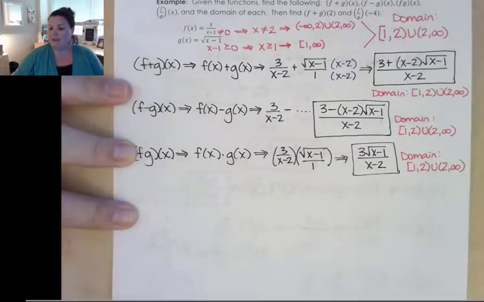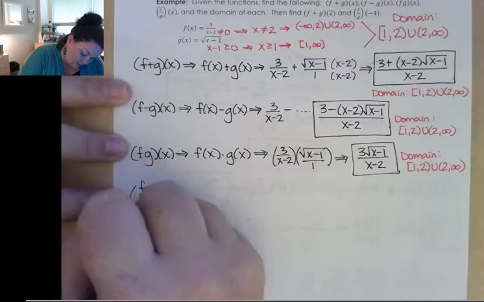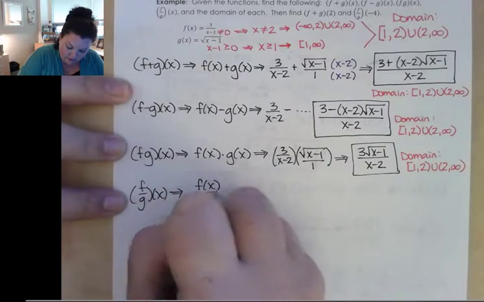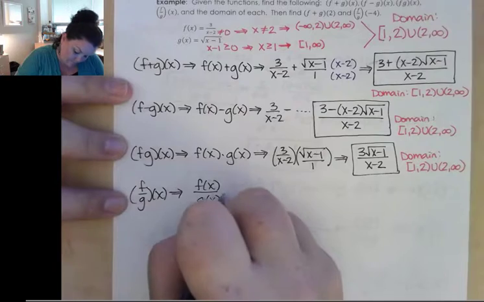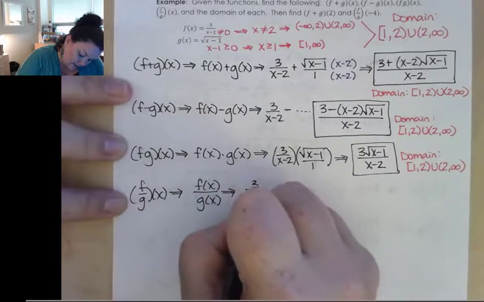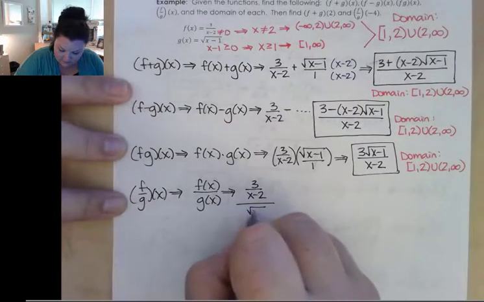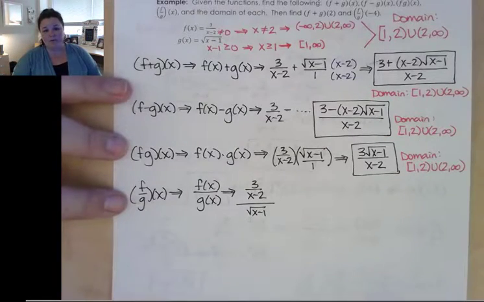And then we're going to do our last function, which is f over g of x, which says we put our f function on top and our g function on bottom. My f function is 3 over x minus 2, and we're going to divide that by the square root of x minus 1. Now, since I have a fraction, I'm going to go ahead and write both as a fraction.